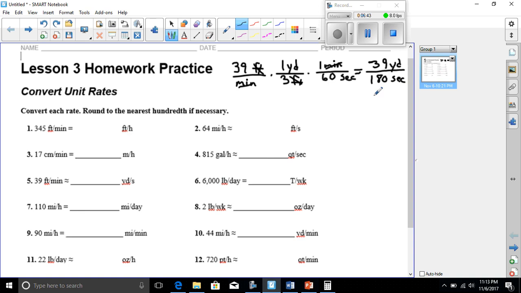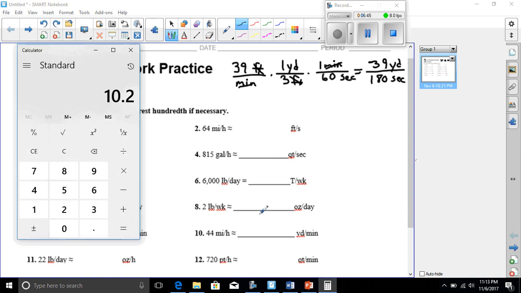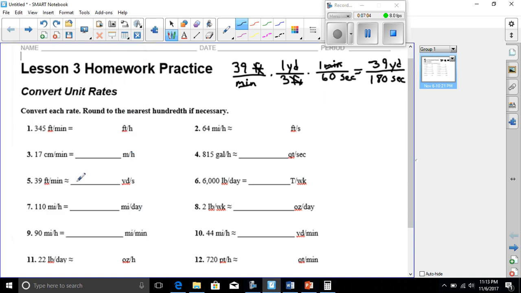Now we have to take 39 and divide it by 180. 39 divided by 180 is going to equal 0.2166. But remember, it said to round to the nearest hundredth. So I'll round up, that'll be 0.22. So number 5 would be 0.22, 22 hundredths yards per second.